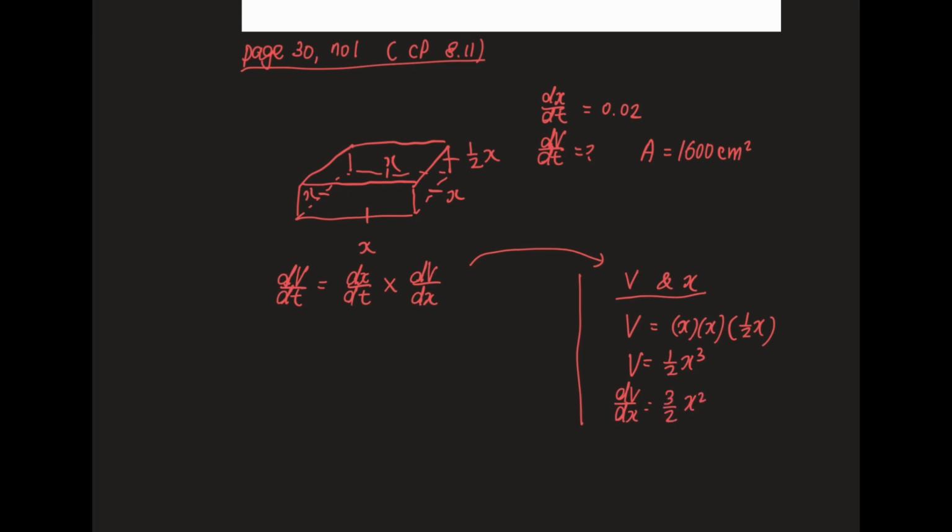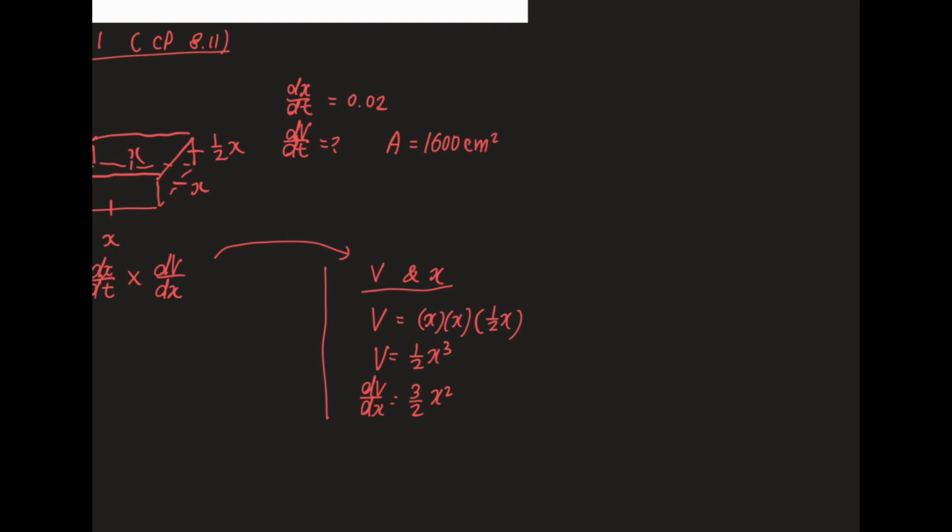Of course we can substitute the x with values, but we don't know what x value we are going to take, so we have to make use of the total surface area given, 1600, to find x.